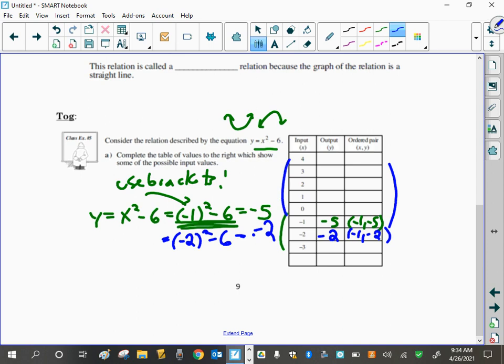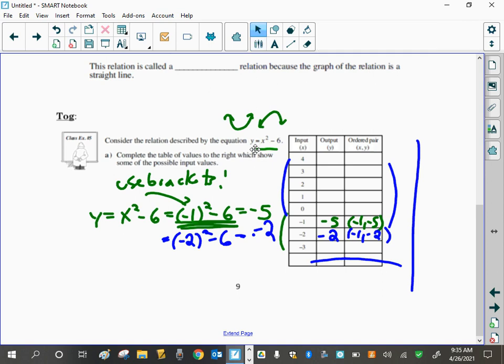And honestly, guys, the positive ones and the 0, no one gets those wrong, because there's nothing to put brackets around. But the negative signs, you need to put brackets around. So do all those and then graph them on the graph on the next page. Plot the points. It's not a line, but the same rules apply. You're going to draw arrows at the end and label the title of that parabola if you want full marks.